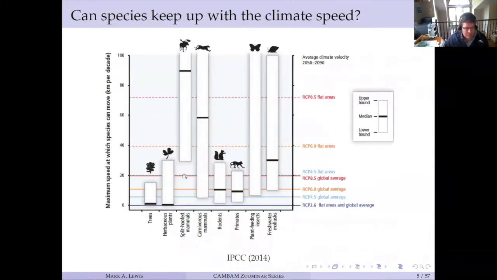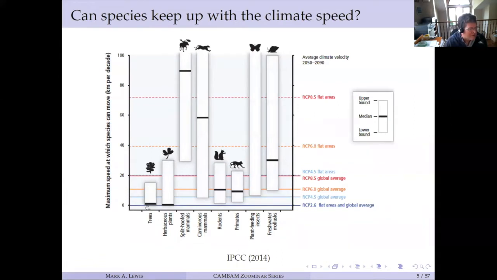Okay, so the International Panel on Climate Change has wondered about whether species can keep up with climate change speed. This is a graph from their 2014 report. On the left-hand side is the maximum speed at which species can move or have been observed to move through historical data. We see they're different for different species, like some mammals have spread into new habitats very quickly.